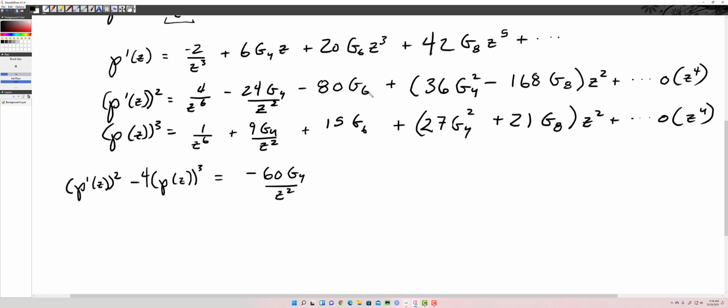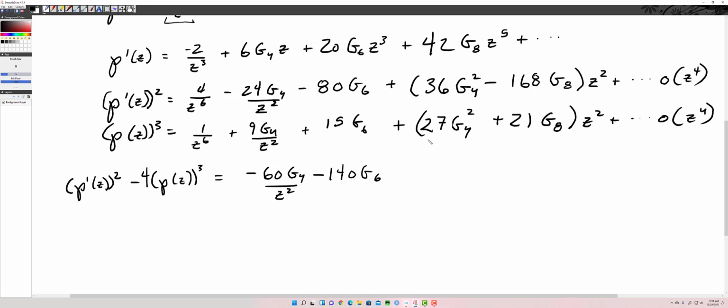Here we have minus 80g6. We're subtracting 4 times 15 of g6. So that's going to be 80g6 minus 4 times 15 is 60g6. So 80 minus 60 is minus 140 g6. And I went ahead and expanded it one extra term because I want to show you something really cool here in a second. This is kind of a pain, but I think you'll appreciate it.